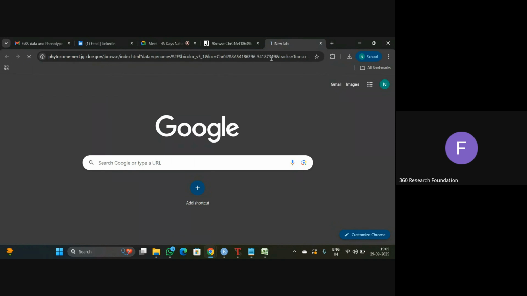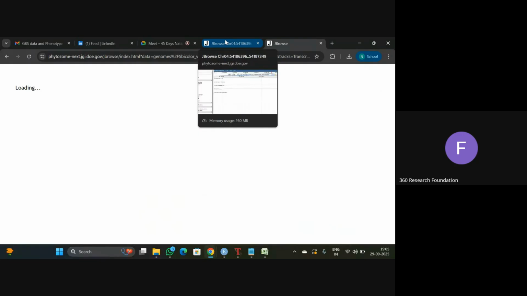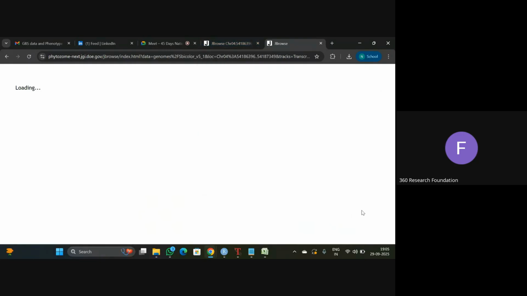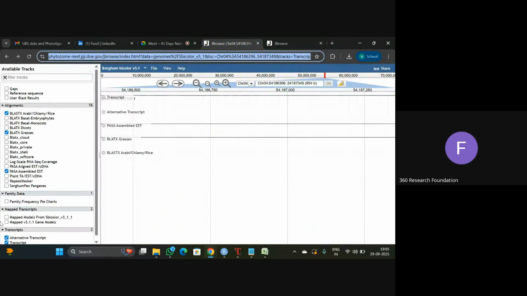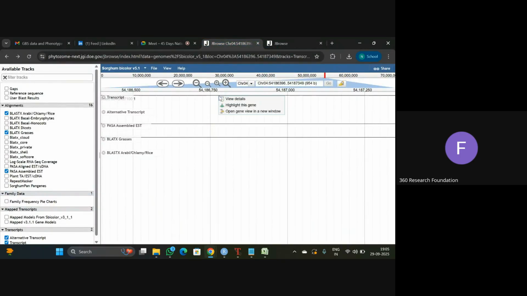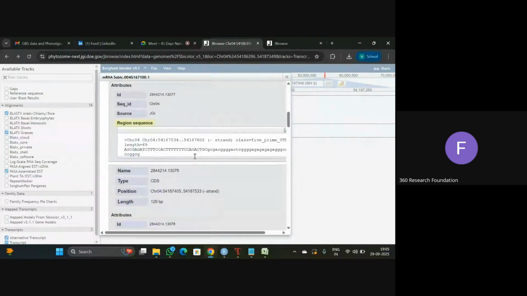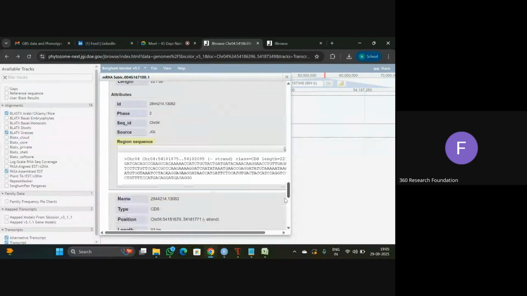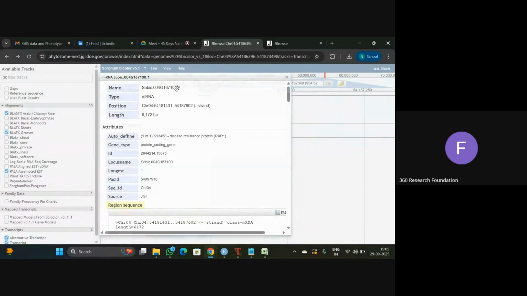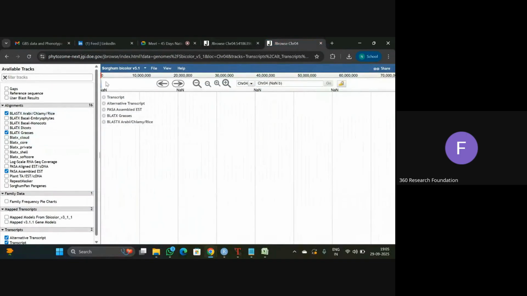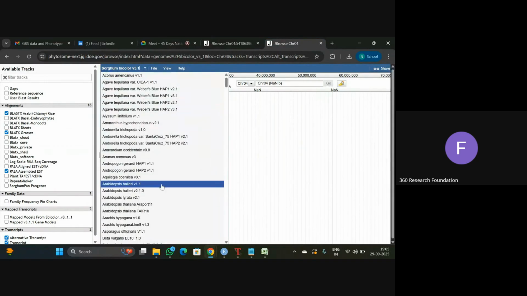I'll open it side by side. The function will be the same. See, it is saying protein coding gene. So here I will open 3.1.